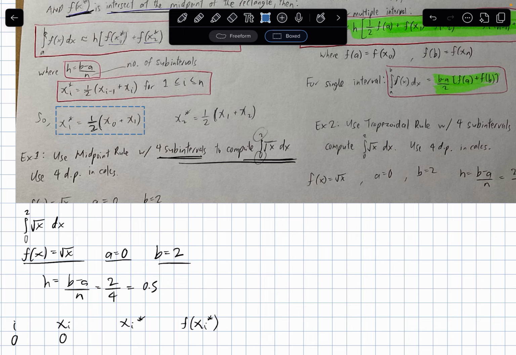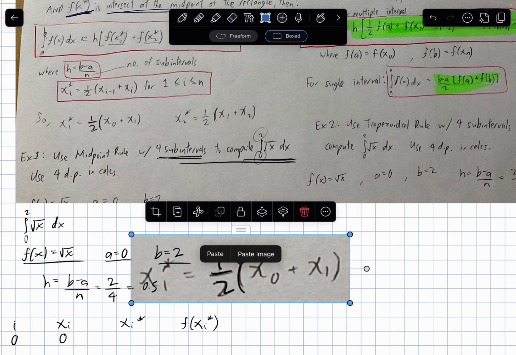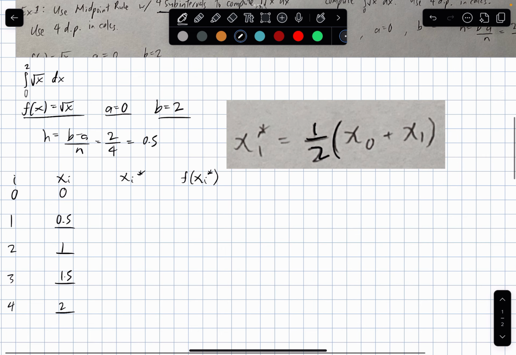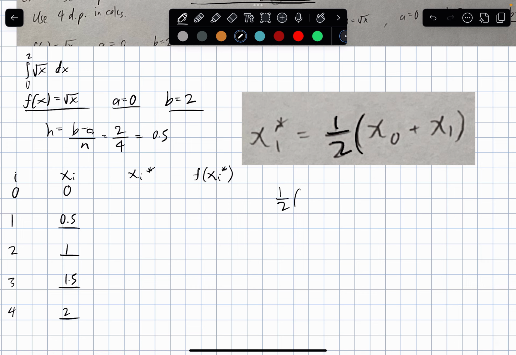Now, this is the part where we apply this formula. To be more specific, we start with this one. How do we use it? 1/2 times the quantity x sub 0, so x sub 0 is this one, plus x sub 1, in this case 0.5. So 1/2 times the quantity 0.5 plus 0.